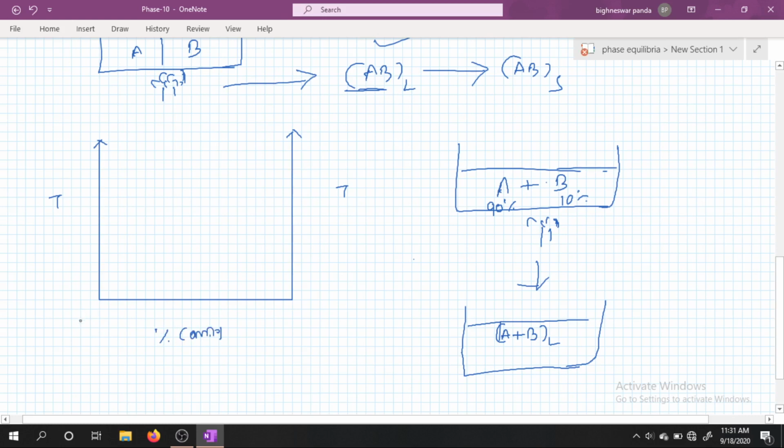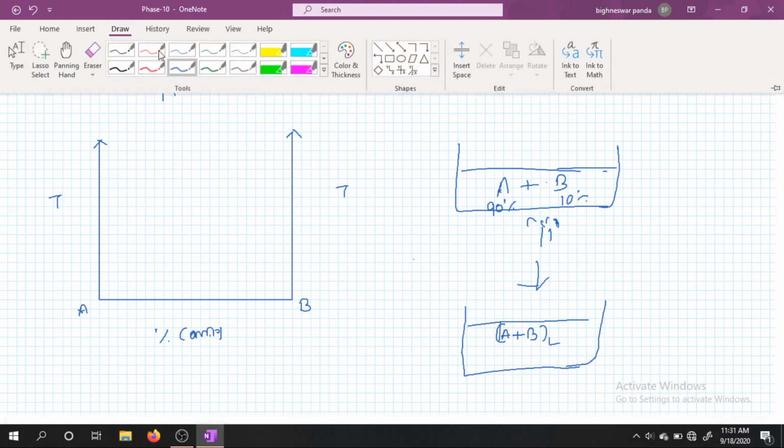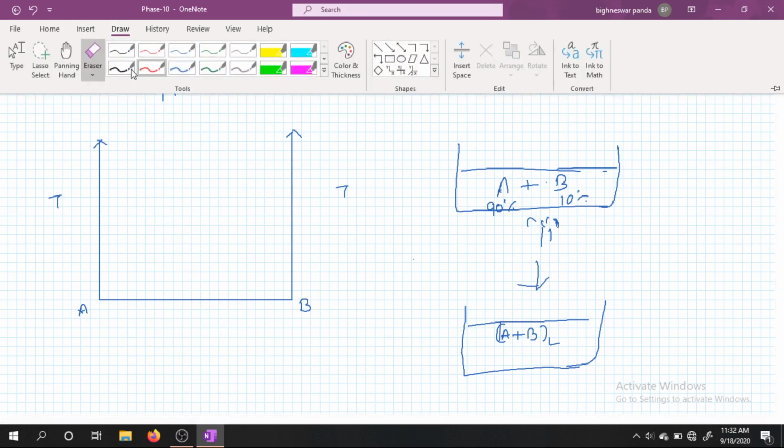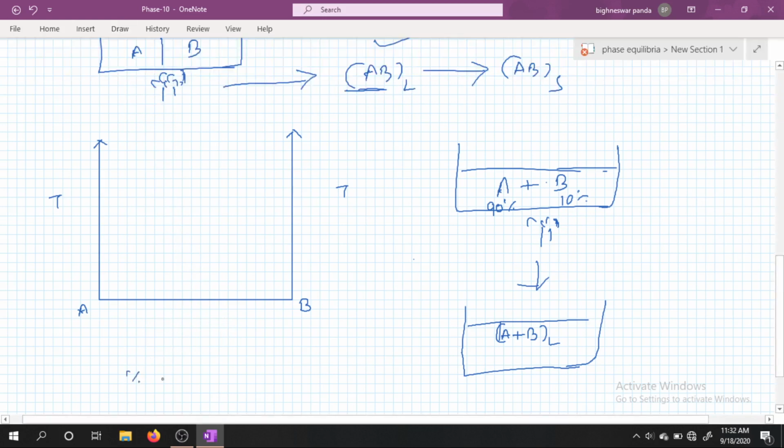Here it is pure A, here it is pure B. So let us consider we have 90% of A and 10% of B. That means the composition lies at this point, 90% of A and 10% of B.